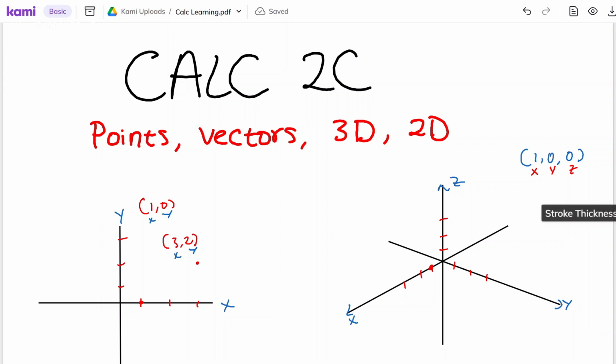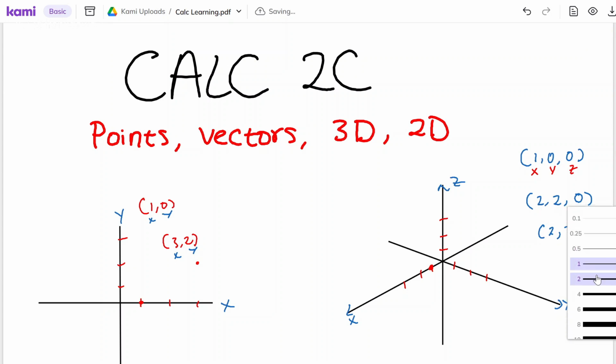And then a different point. Let's say I'm going to do one in space. I'll do 2 different ones: 2, 2, 0, and 2, 2, 2. So the first one, it'd be at x equals 2, y equals 2.